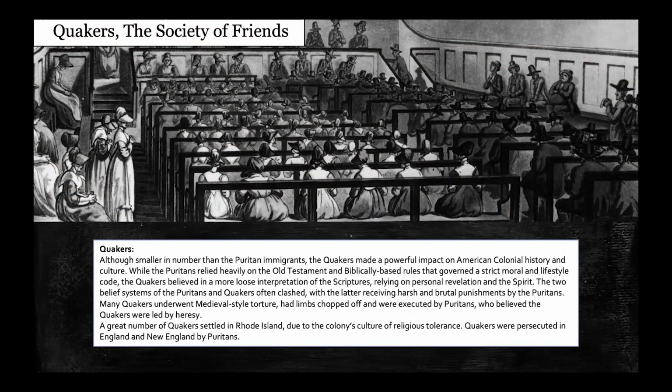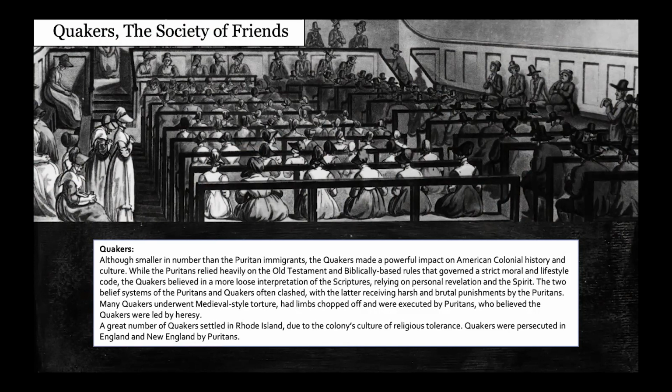The two belief systems of the Puritans and Quakers often clashed, with the latter receiving harsh and brutal punishments from the Puritans. Many Quakers underwent medieval-style torture, had limbs chopped off, and were executed by the Puritans, who believed the Quakers were led by heresy or false doctrine, false revelation.